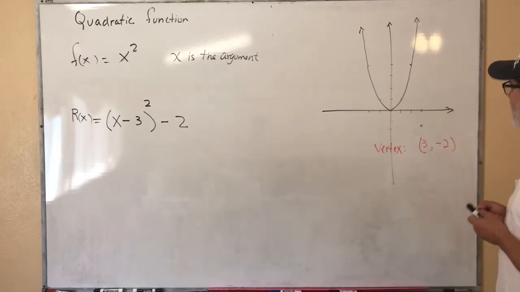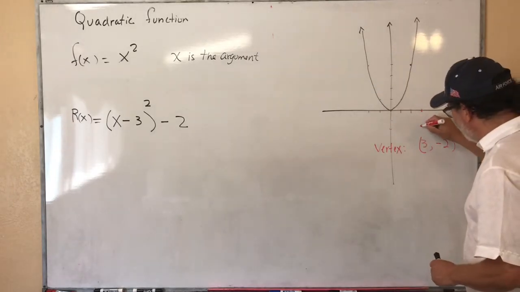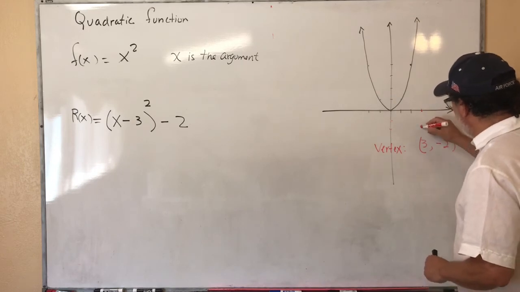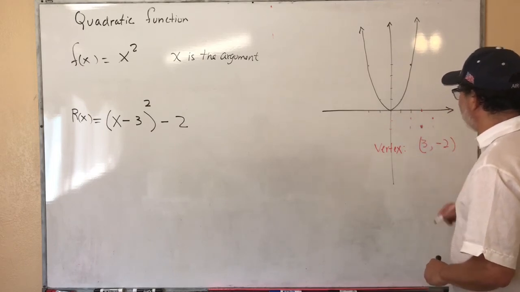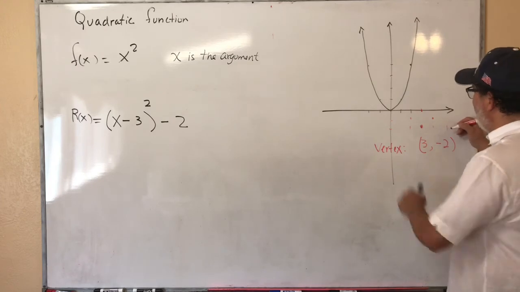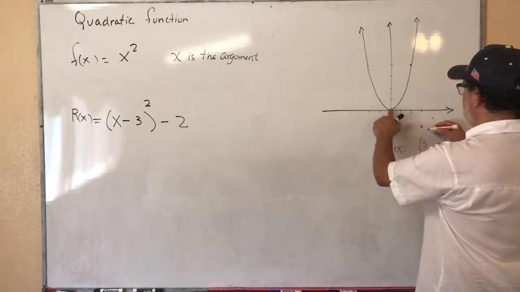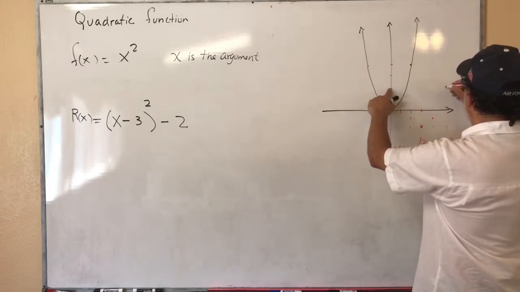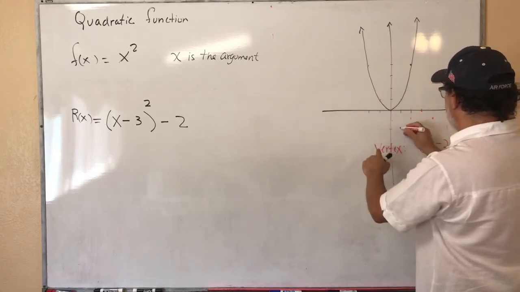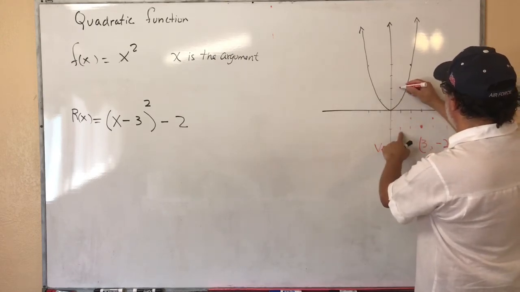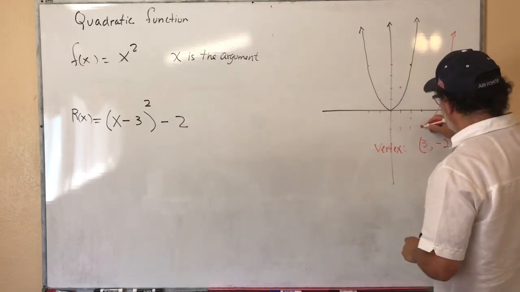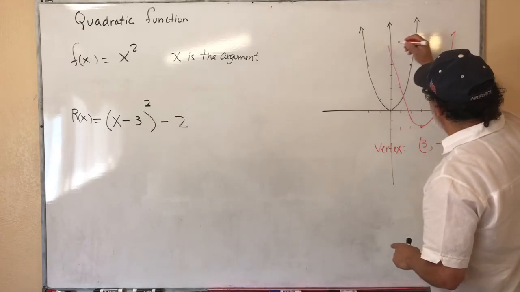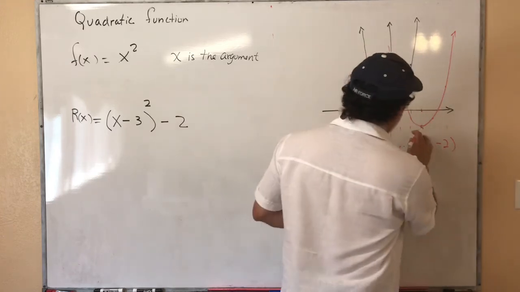And so now from the vertex, 1 right, 1 up. 1 left, 1 up. Twice right, 4 up: 1, 2, 3, 4 up. Twice left, 4 up. And so now we're getting this.